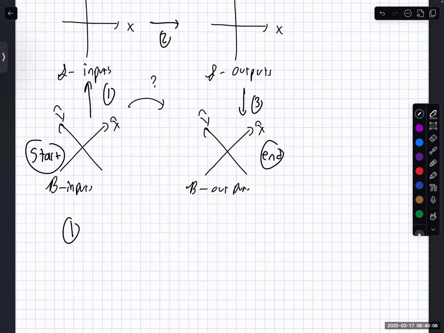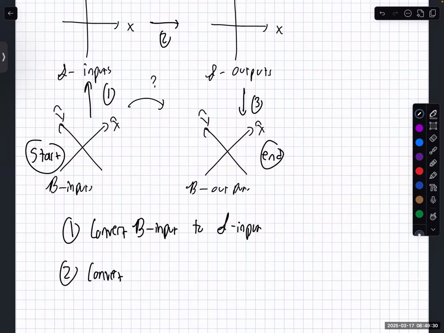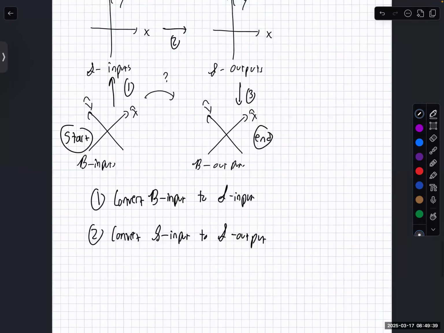So the 3-step process is, put it this way. Step 1: convert B input to S input. Step 2 is to convert S input to S output. And then step 3 is to convert S output to B output.